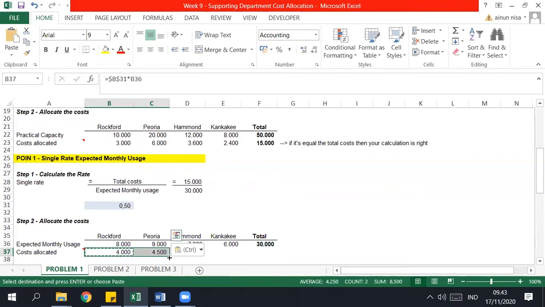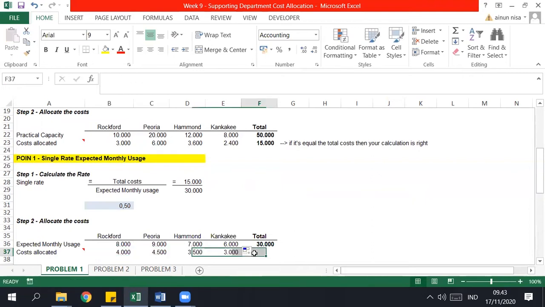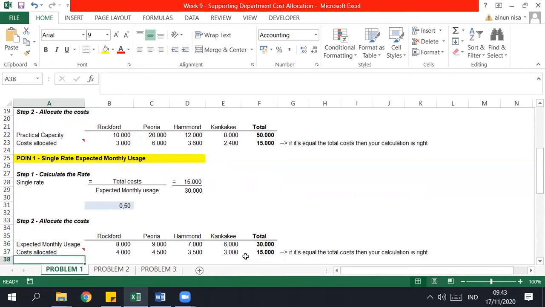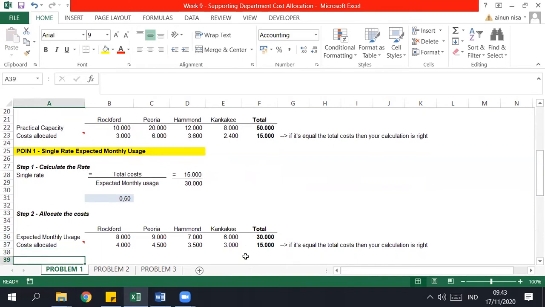And once again, after calculating the cost allocated for each department, don't forget to sum all the calculations, and if it equals the total cost, then your calculation is right. Okay, that's all for the first point.